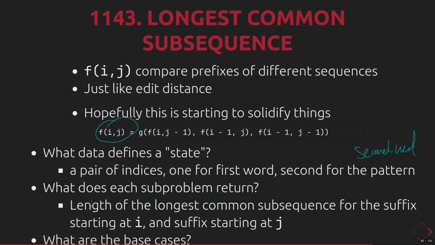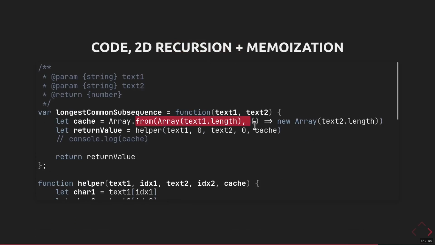So what are the base cases? Well, if the longest common subsequence is the empty string, you should return 0, because then there's no more common subsequence. What I did in JavaScript was make an explicit cache.